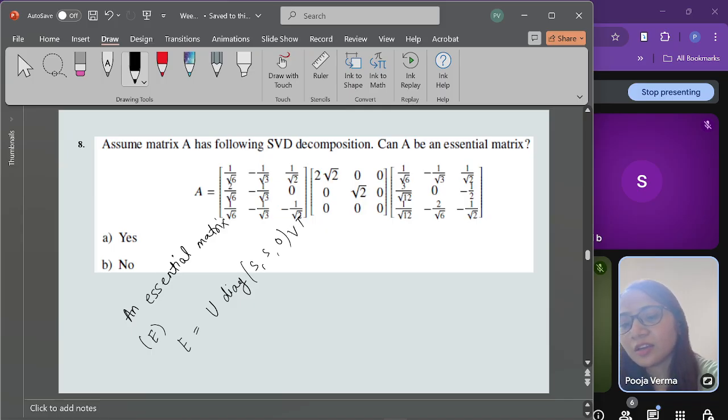This is one property for the essential matrix: it must carry U, one decomposition of that SVD, then the diagonal must be S, S, 0, and V transpose. And it must have two equal non-zero singular values.